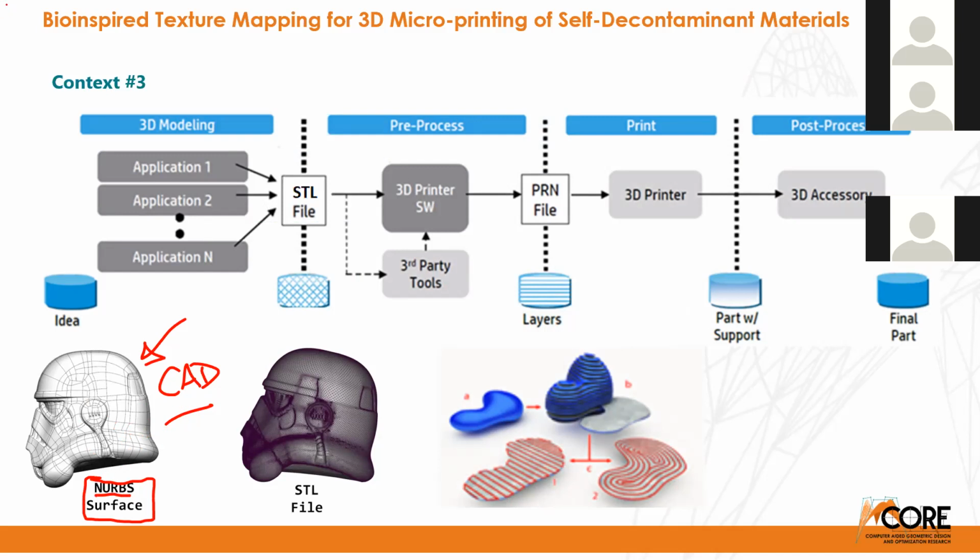But then you need to convert to triangles in this format called STL. The STL is a format that has been around since the 80s. It's very old, but it's still very much being used in the 3D industry.